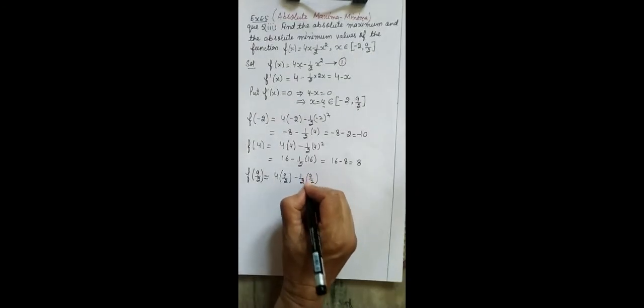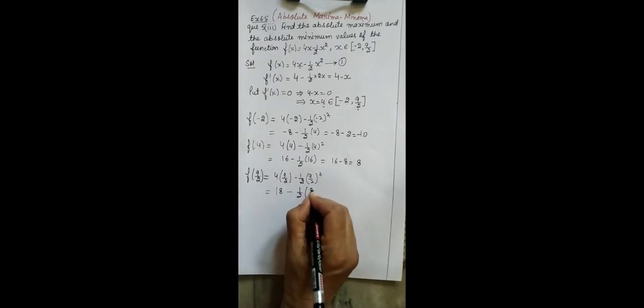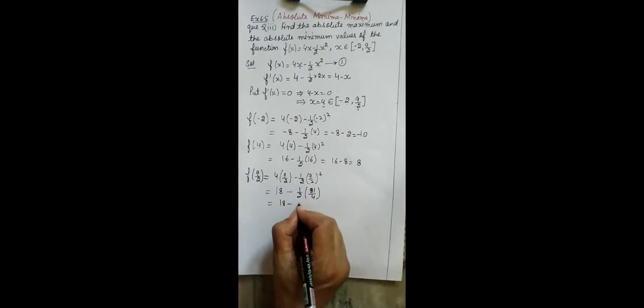So again putting x = 9/2 in expression 1, it is 4 into 9/2 minus half into (9/2)², which gives me the result 18, because 4 divided by 2 is 2, and 2 into 9 is 18, minus half into 81/4, which is 81/8. So 144/8 - 81/8 is equal to 63/8.